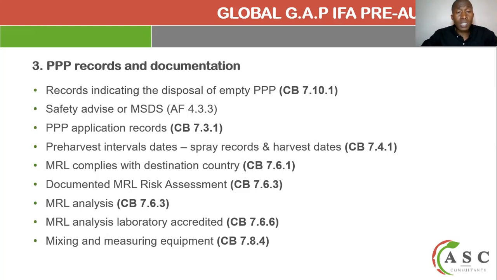Then secondly, let's have a look at the requirement for safety advice or material safety data sheet, which is your MSDS. It's important that your operators must have access to your material safety data sheet, which informs them what particular personal protective equipment they need to wear when they are spraying chemical.